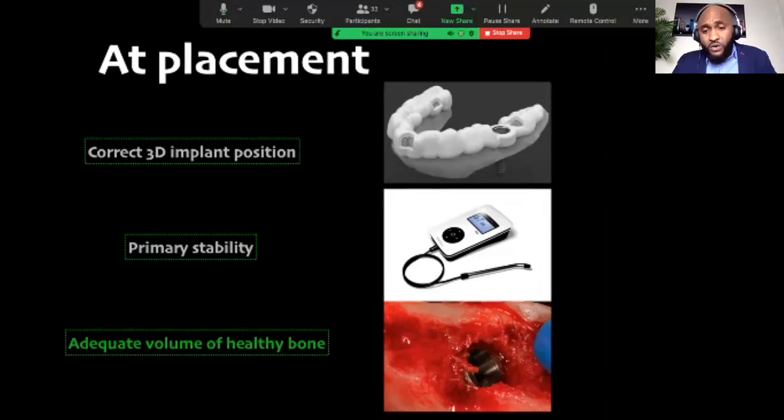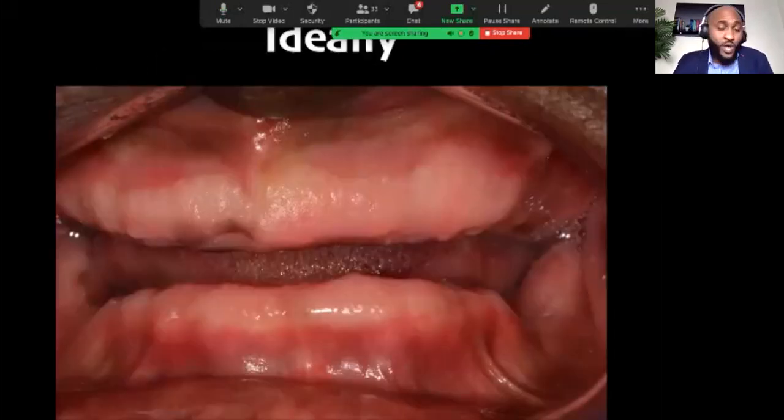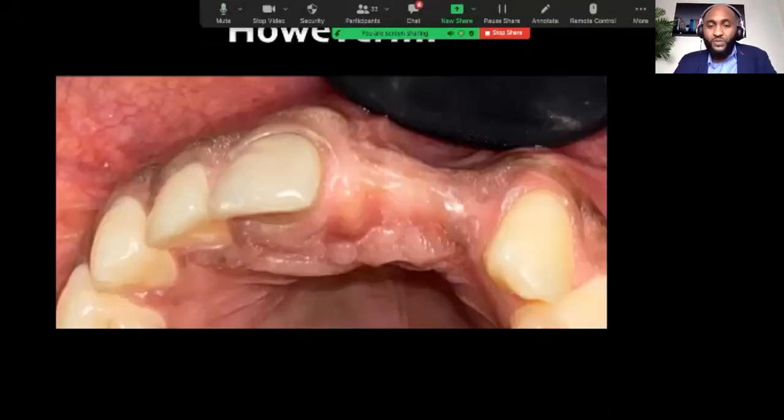It is now a fact that if you want a long-term solution, you need to ensure that your implant is surrounded by adequate volume of bone, at least 2 millimeters all around. This is where we wish to be, treating patients who come from the land of bone. But let's be real. Many times, this is what we are presented with.